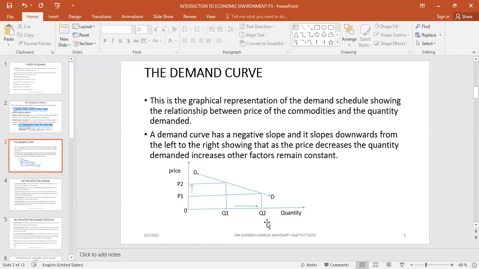But for now, you should understand that when you are drawing the demand curve, it should be following that law of demand. And the other thing we have to be knowing is that when the law of demand is being executed, we expect the other factors to remain constant.